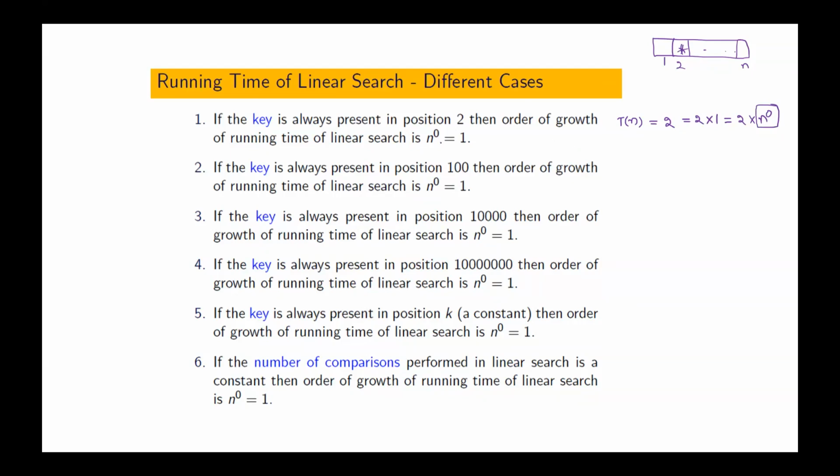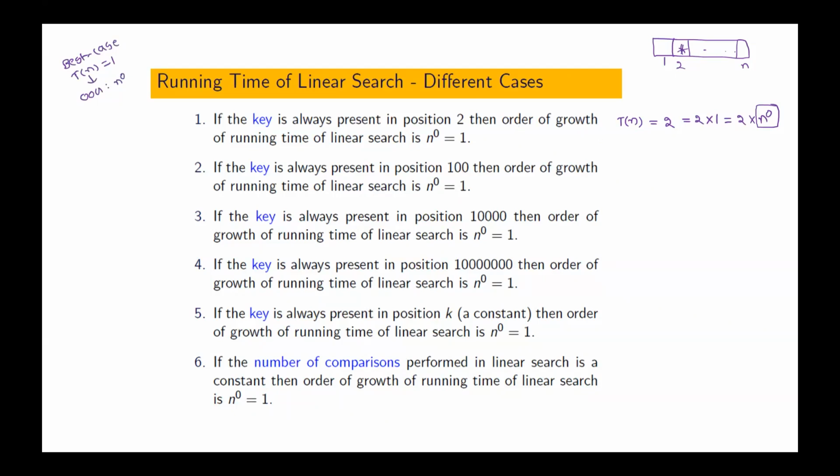Correct. In the best case, the key is present in the first position, T of n equal to 1. And what is the order of growth? N power 0. Here also the order of growth is n power 0. Asymptotically, both are the same.